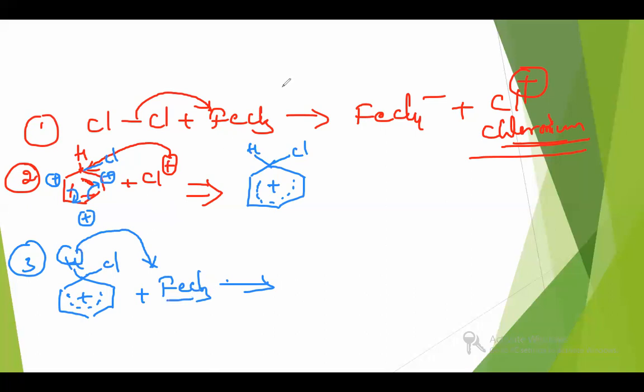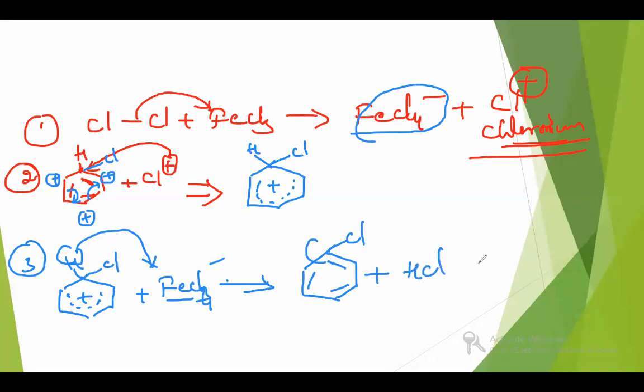No, that is not FeCl3. This is FeCl4 minus, because what it forms is the FeCl4 minus product. This FeCl4 minus takes hydrogen, forming C6H5Cl, monosubstituted chlorine. If the hydrogen leaves, it forms a double bond here, with the formation of HCl and FeCl3.